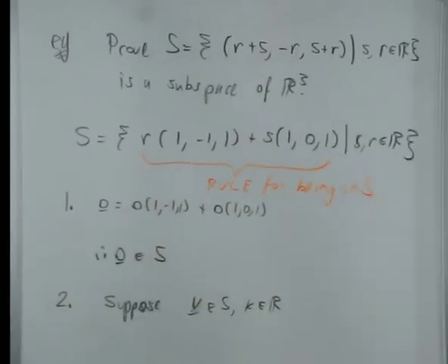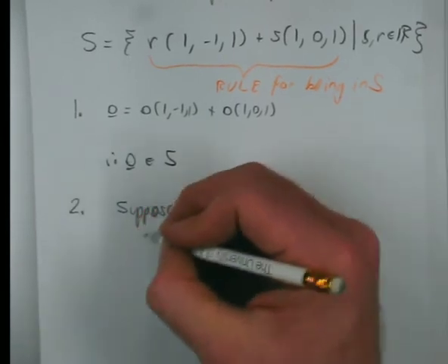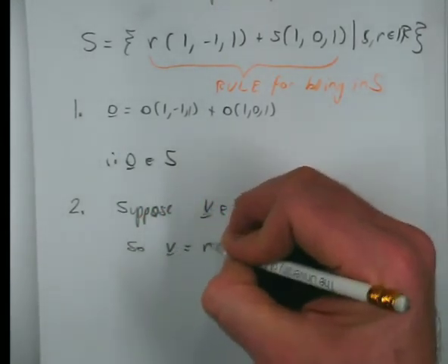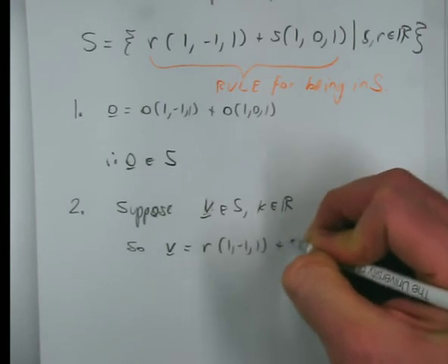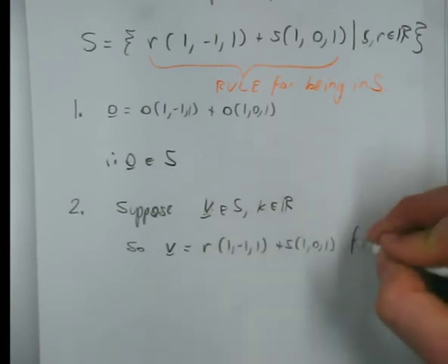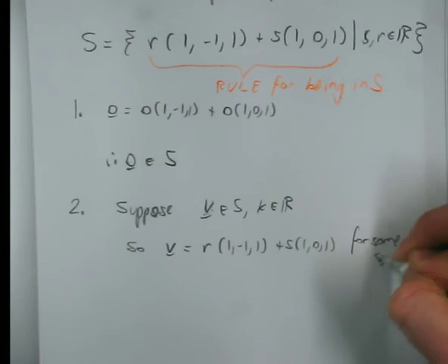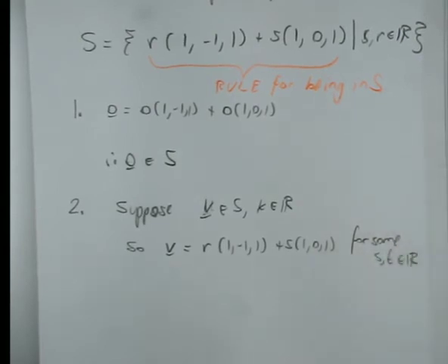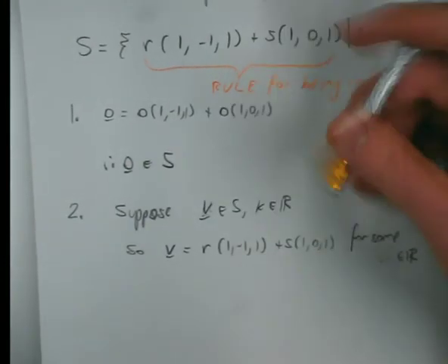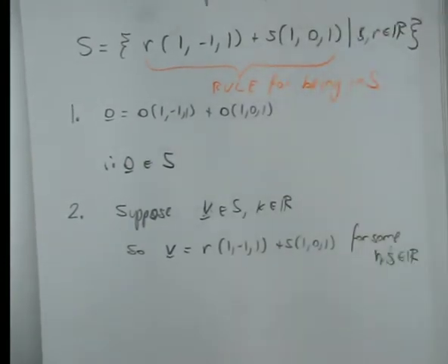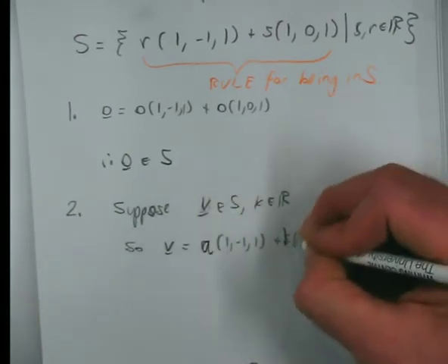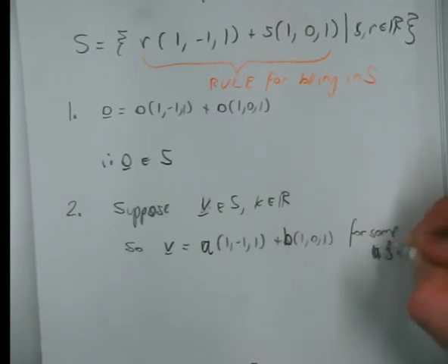So V must be A lots of the first vector plus B lots of the second, for some A and B. If I was being careful, I would use different letters like A and B, so that I don't get confused with the original R and S, because I've chosen my own values for them that match the vector I actually have.